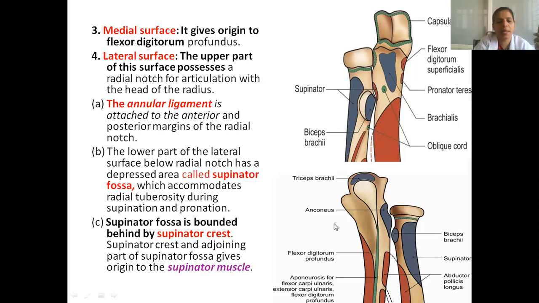There we have a ring-like ligament, that is the annular ligament, which holds the head of the radius in the radial notch of the ulna. And I told you posteriorly we have a sharp margin, the supinator crest, which gives origin to which muscle? Supinator.